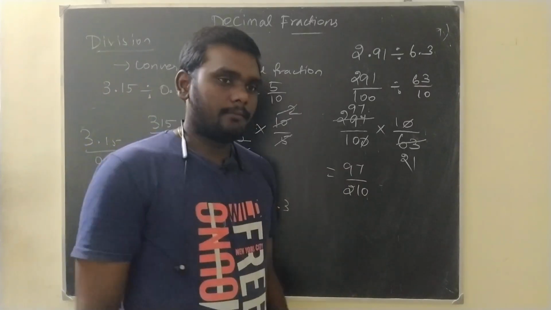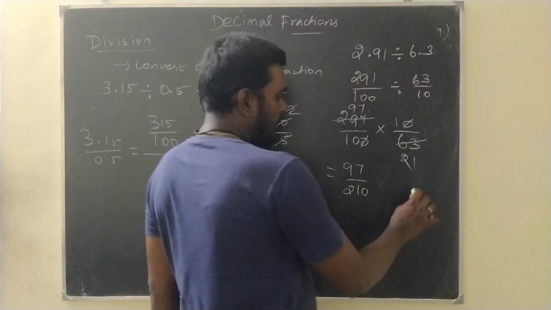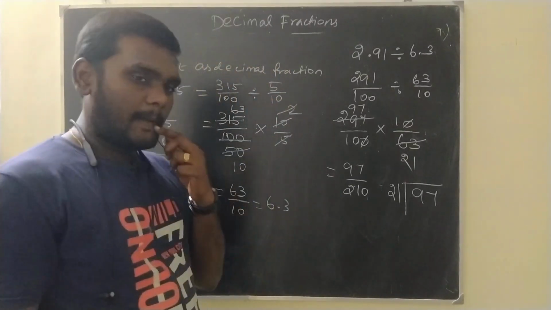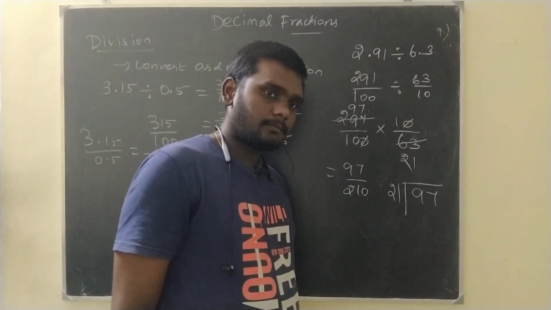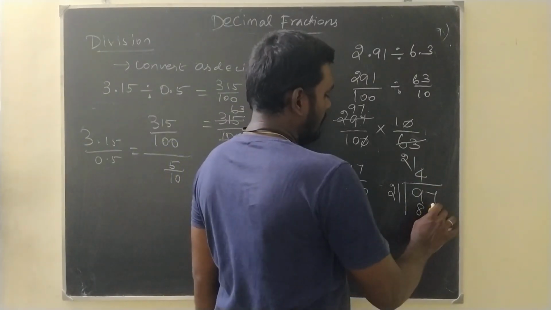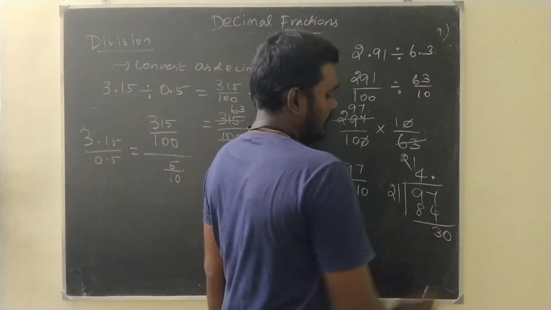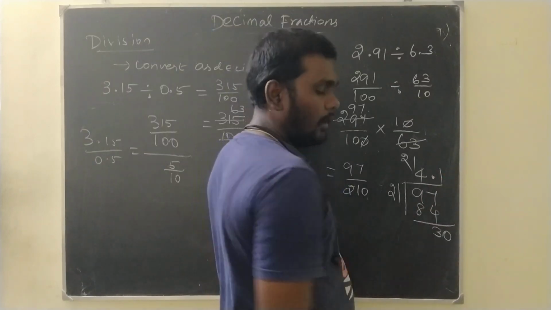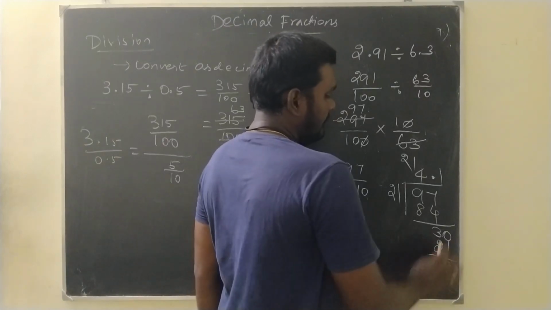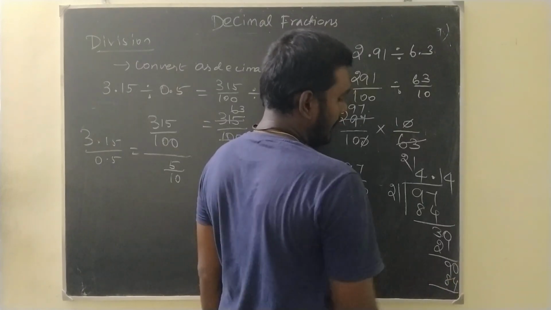Or if you need to say the answer in decimals, we can divide 97 by 21. So how many times? 4 times, shall we take? 4 times 21 is 84. Then remaining 3. Put a decimal, 0. 30. Then 1 time it is 21. Remaining 9. Again 1 0. Again 4 times 84.